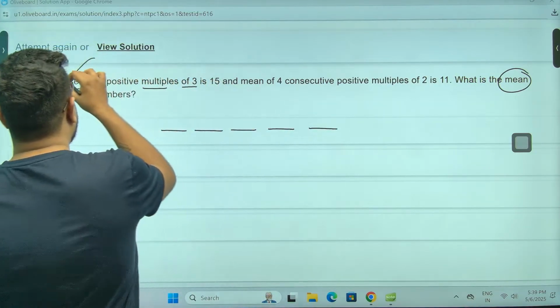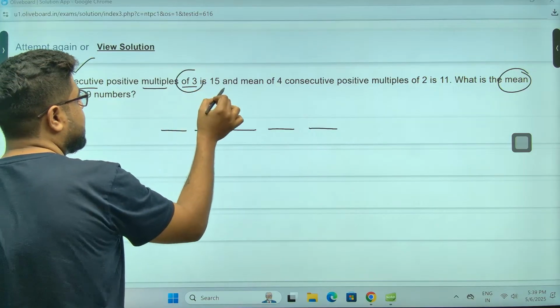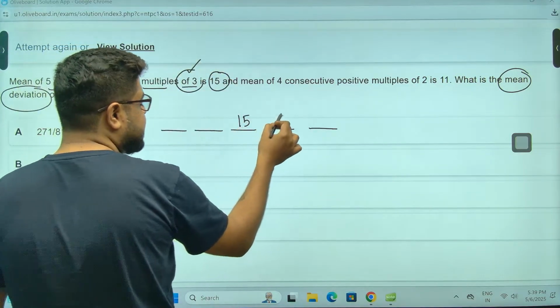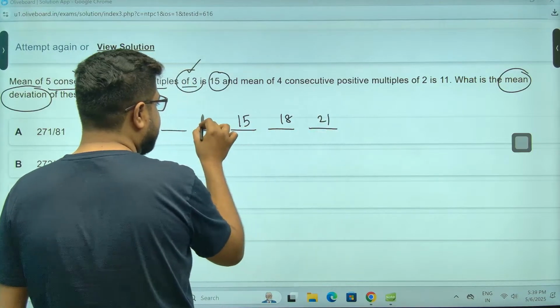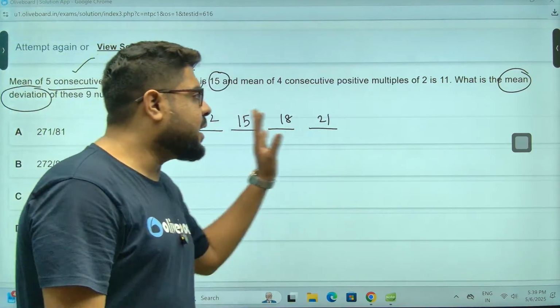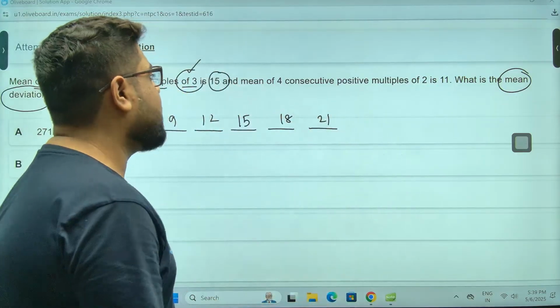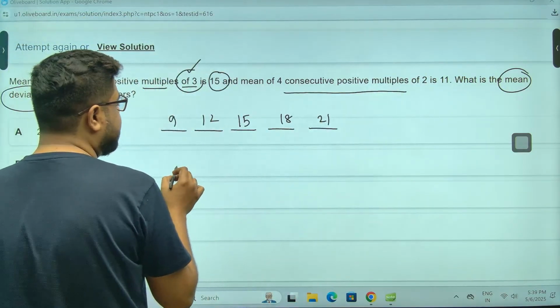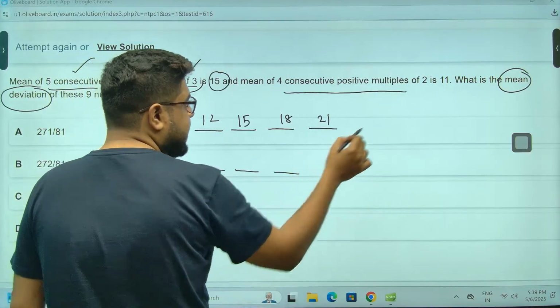Mean means average, and the average is 15. Multiples of 3, that means this will be 18, this will be 21, this will be 12, this will be 9. 5 numbers. Again, I've talked about these consecutive number rules in detail. 4 consecutive positive multiples of 2 is 11, sir.